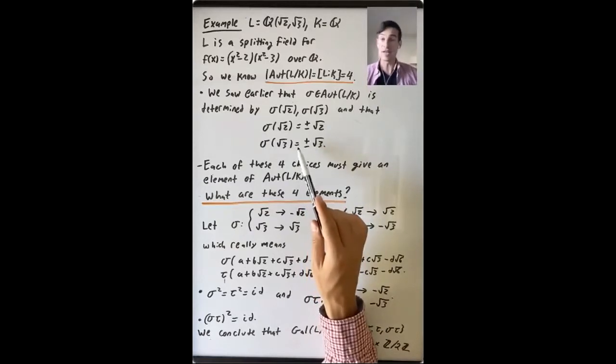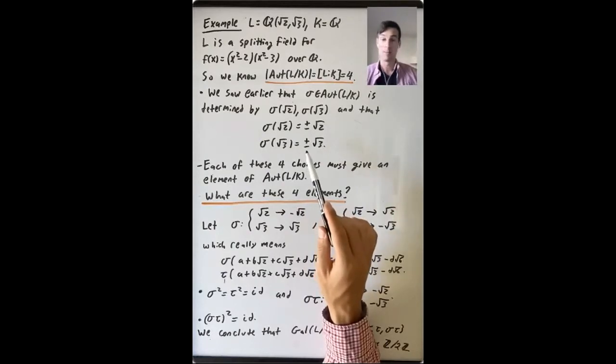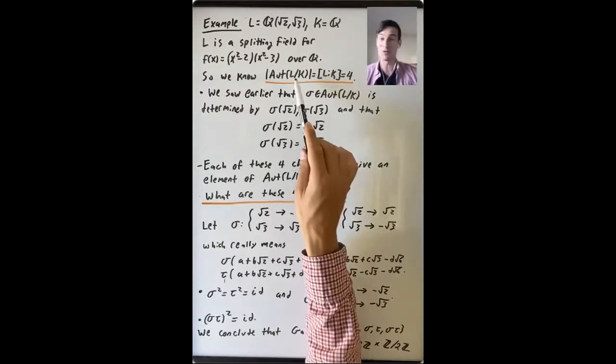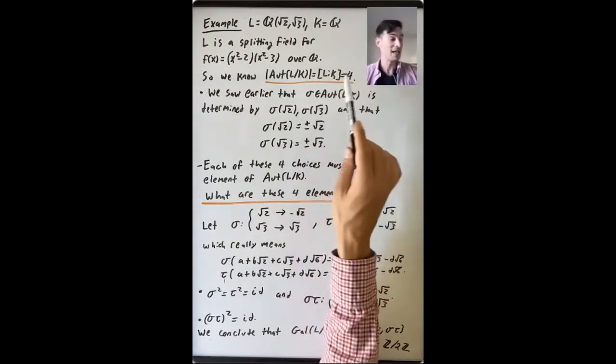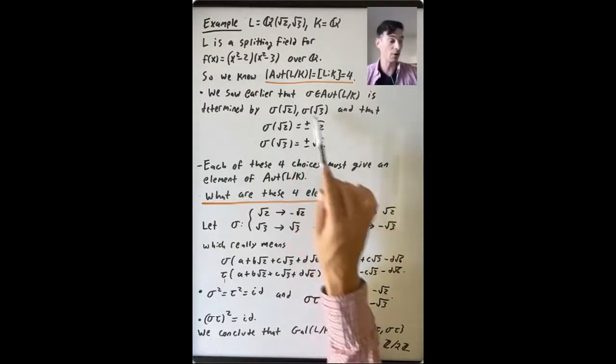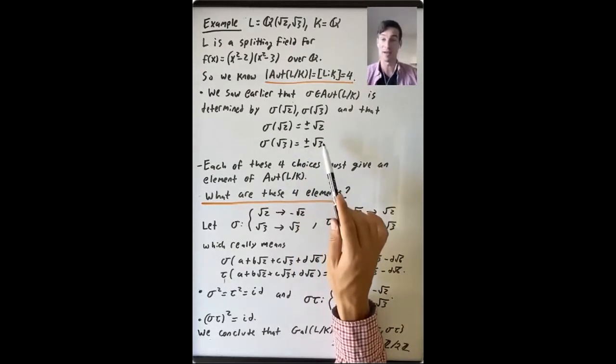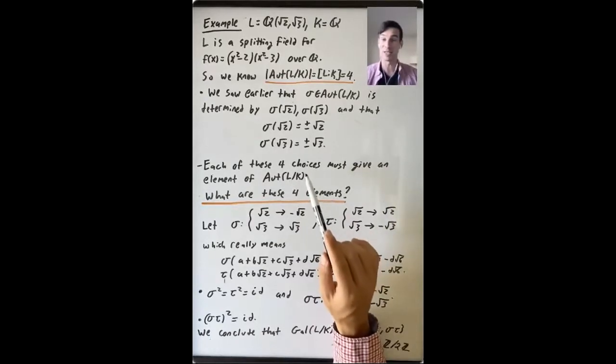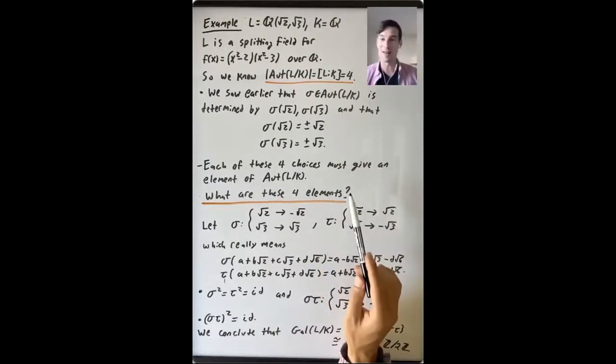It is not obvious that each one of these choices actually gives an automorphism of L. But because we know that the number of automorphisms of L fixing K is 4, and we only have 4 possible choices here, we conclude that each one of these 4 choices must actually give an automorphism of L fixing K.